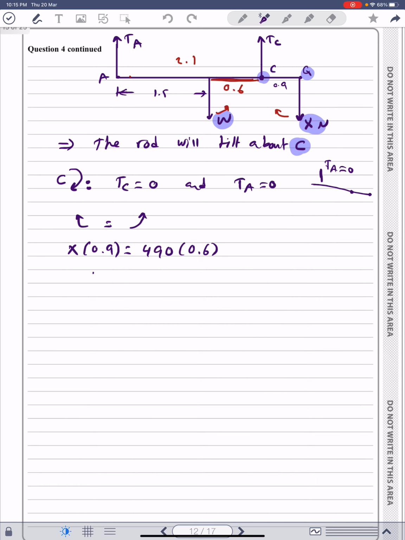Solving this for X, so 0.9X is equal to 294. So X equals, in the calculator, 980 over 3, which is 326.6.